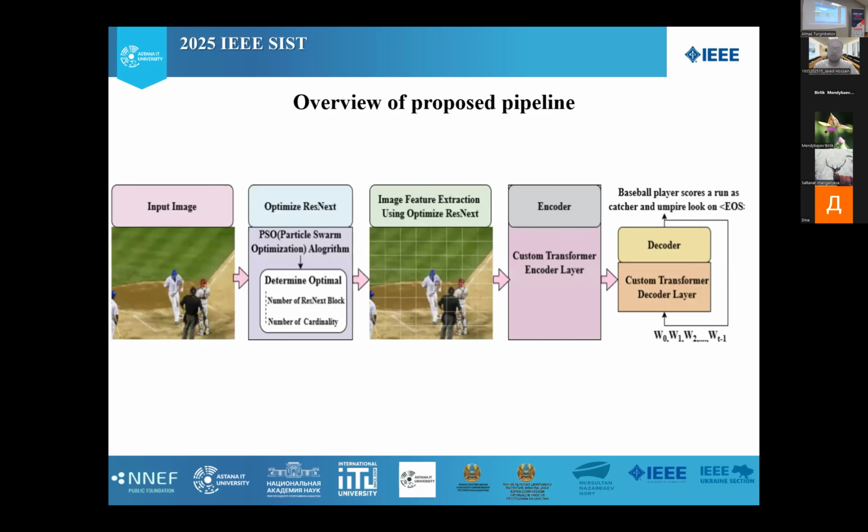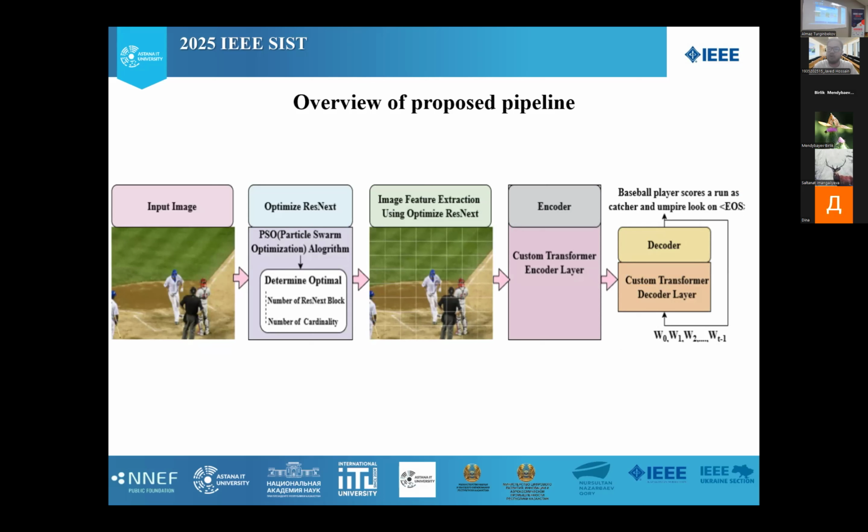So this is the overview of my proposed pipeline. You can see the input images, and I used the Flickr 30K dataset, which is publicly available online. I downloaded this dataset and used an optimized ResNeXt architecture. The ResNeXt backbone basically uses 4 ResNeXt layers, and these layers use ResNeXt blocks and cardinality.